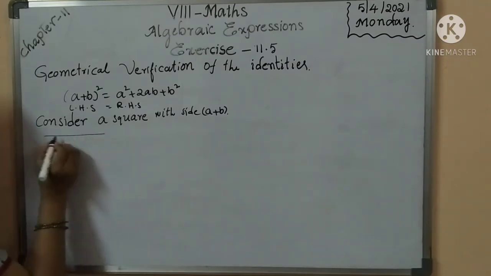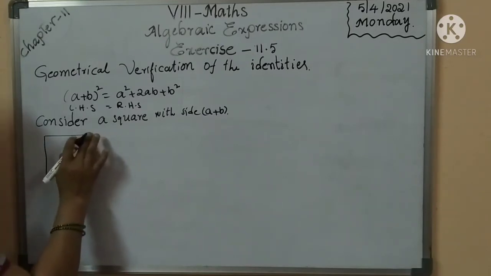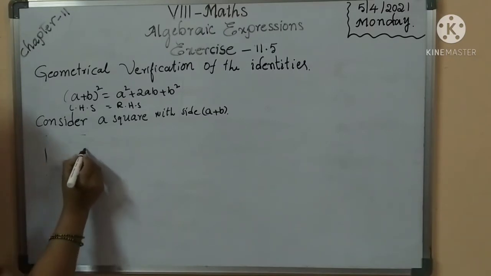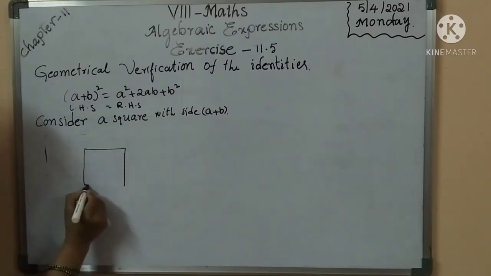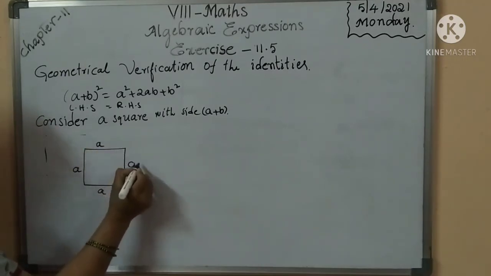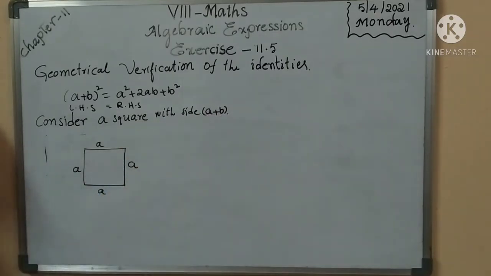First of all, we have to take the square. So here, draw the square. These all are sides a. Here it is given as a plus b, so another variable is also there.